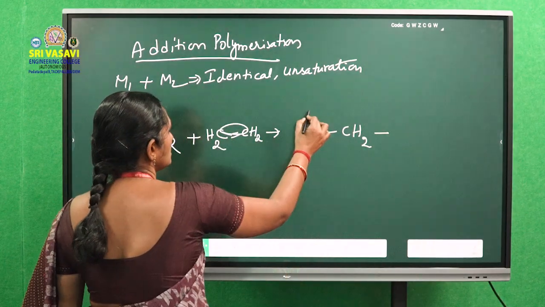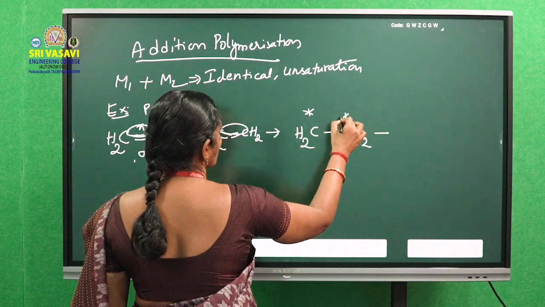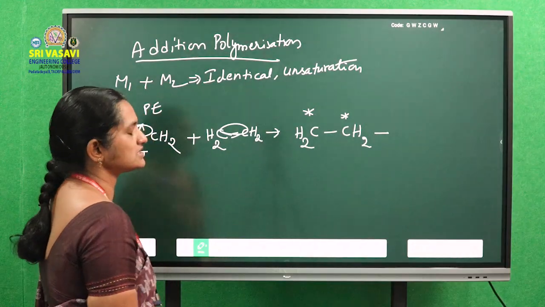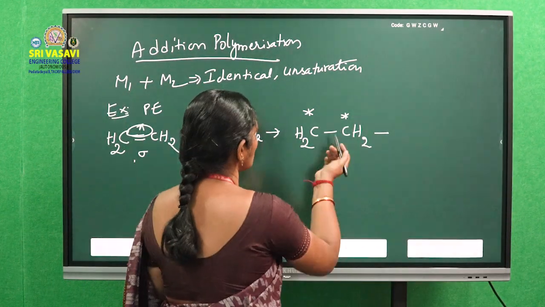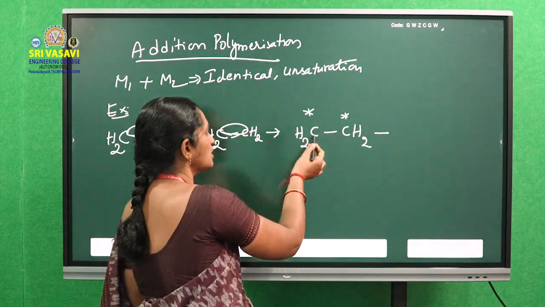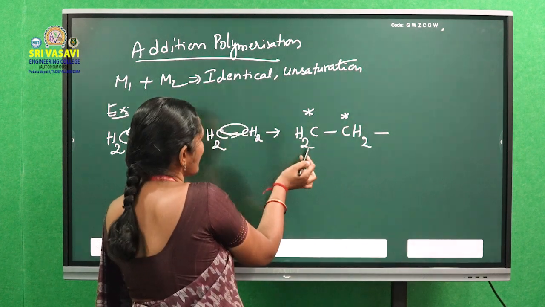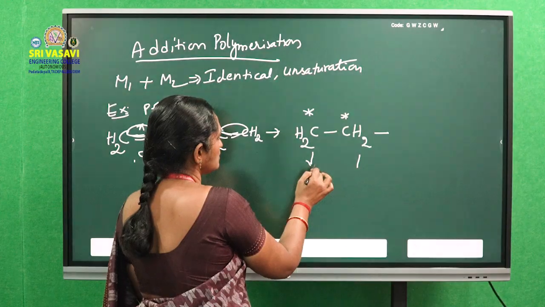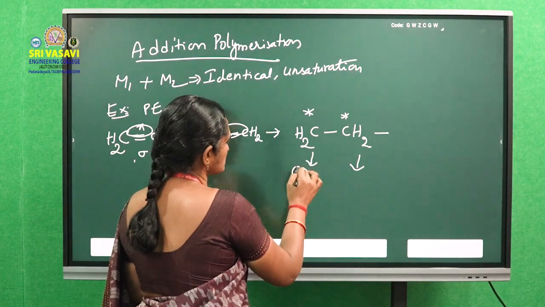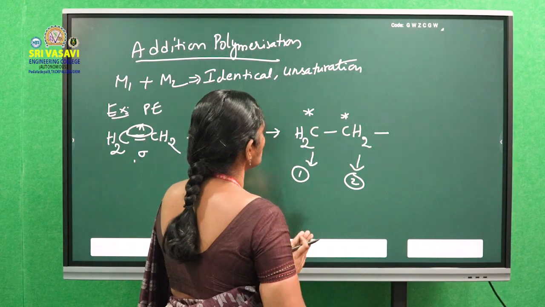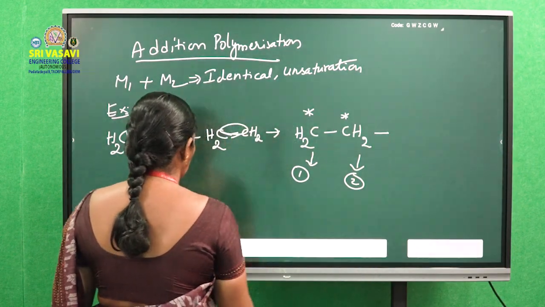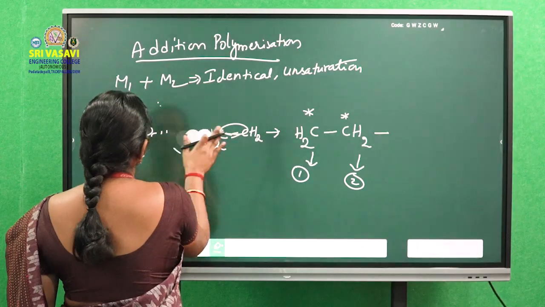As I said, the number of reaction sites present on a monomer is called functionality. I have taken a bifunctional monomer, so the next monomer can add on either this side or this side, as we discussed in the last classes. So I simply add on any side.